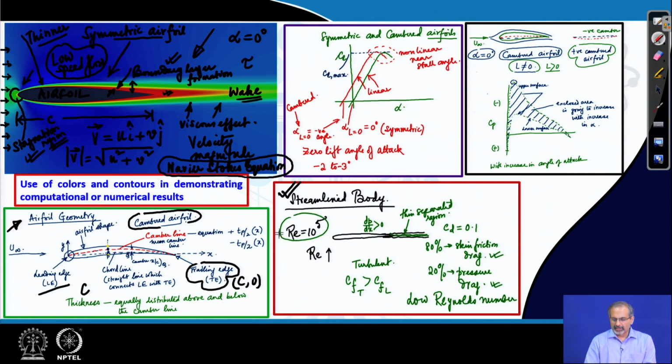So, we are looking at a streamlined body, and we have looked at wakes behind both streamlined as well as bluff or blunt shapes. And here, of course, because it is a streamlined body, the separated region behind such a body is obviously going to be thin. That means the wake is apparently a thin wake.